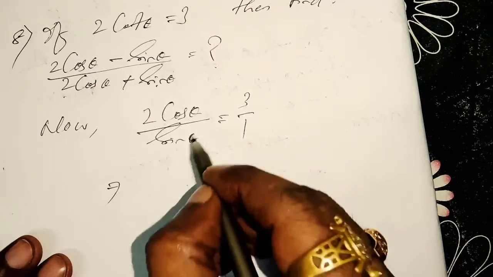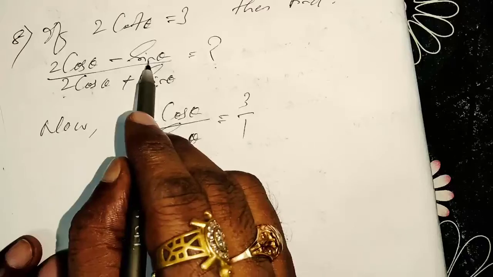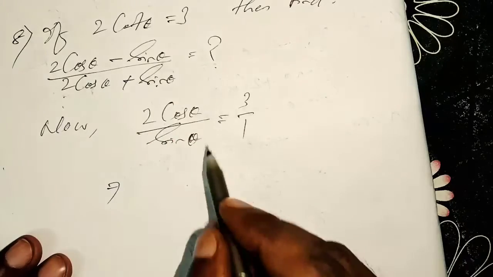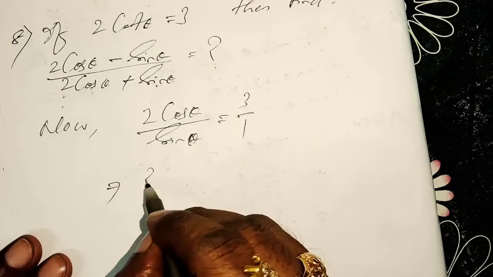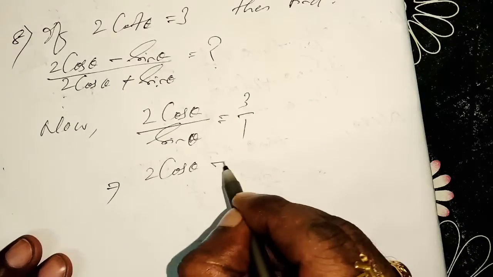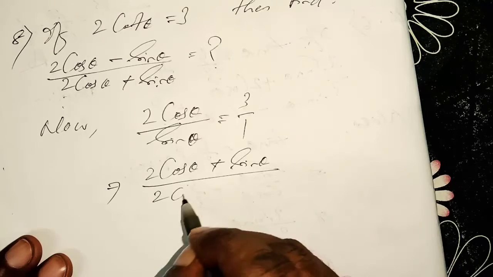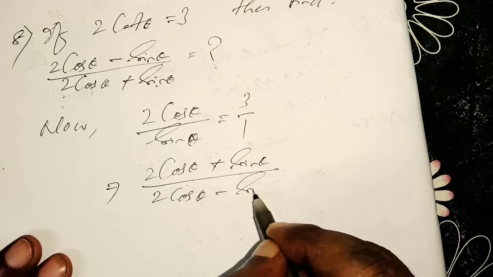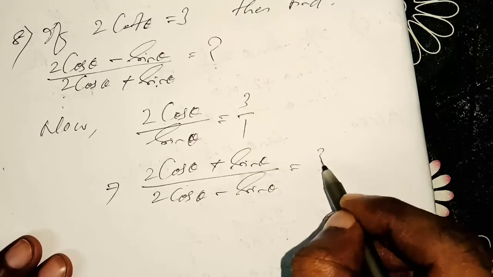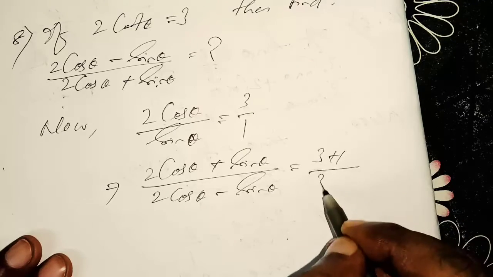Now, you need 2 cos theta minus sin theta by 2 cos theta plus sin theta. Using componendo and dividendo, the numerator is 2 cos theta plus sin theta and the denominator is 2 cos theta minus sin theta. The result is 3 plus 1 by 3 minus 1.